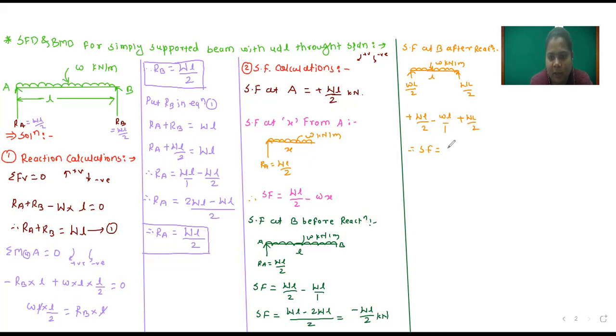Here one denominator is there, so WL minus 2WL divided by 2 plus WL divided by 2. So shear force is equal to minus WL by 2 plus WL by 2, which is equal to 0 kilonewton at B point. Shear force at B point is 0 kilonewton.